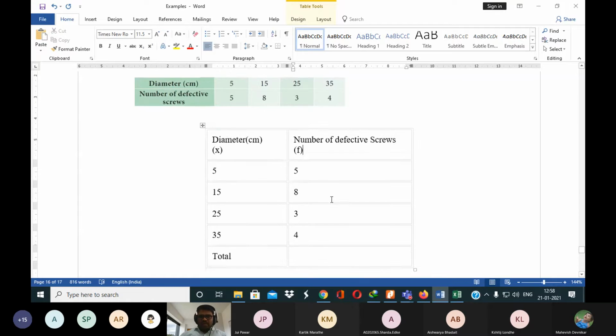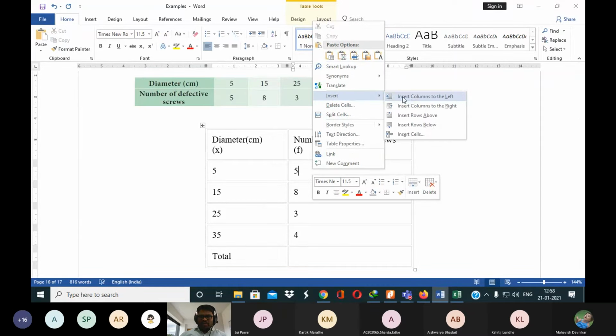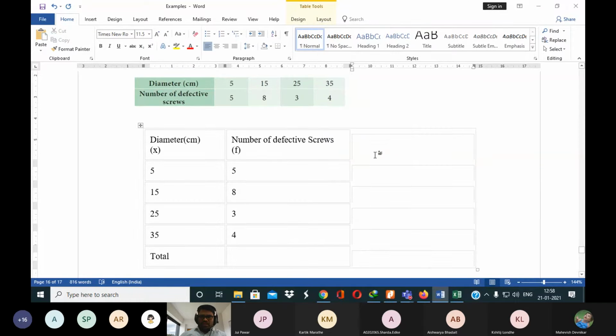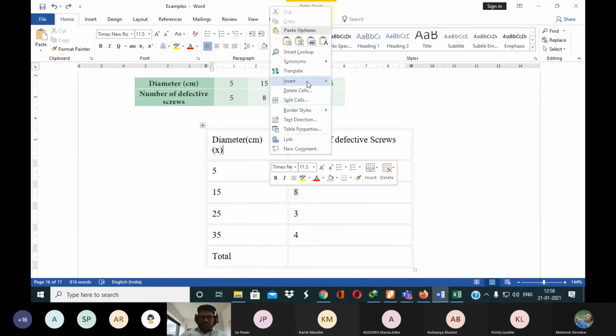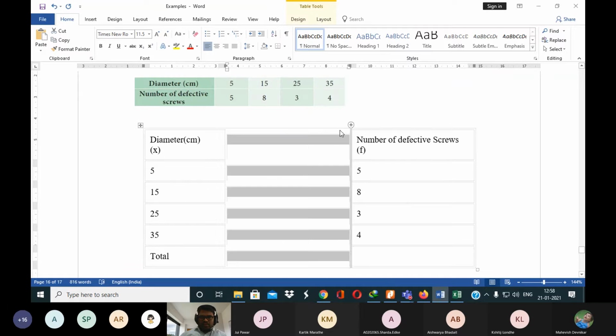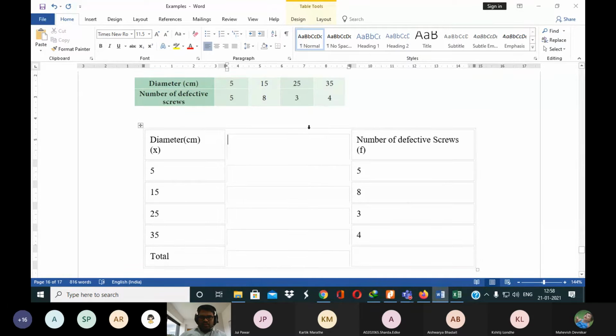Whenever the data is given in the form of frequency, first you need to find the log of x. So I will add one more column on the right side.